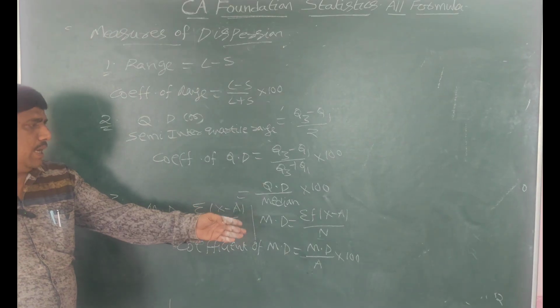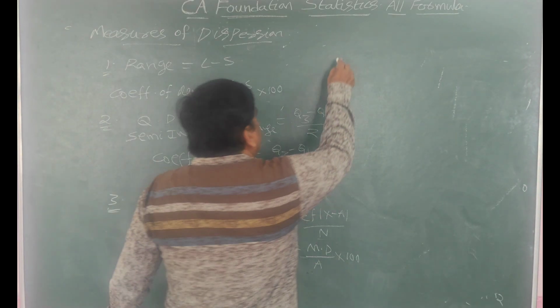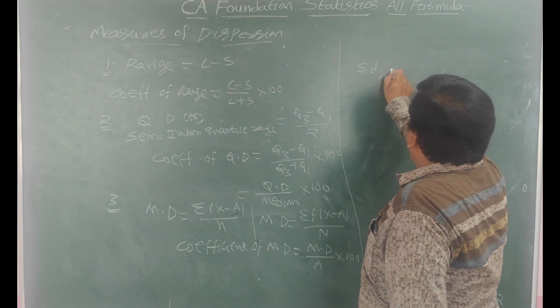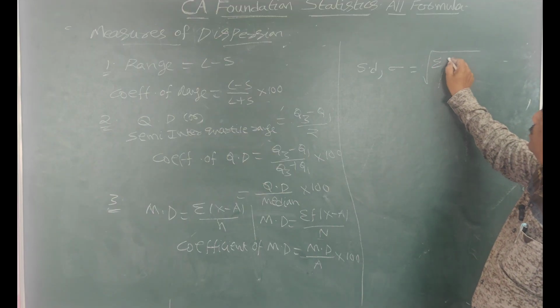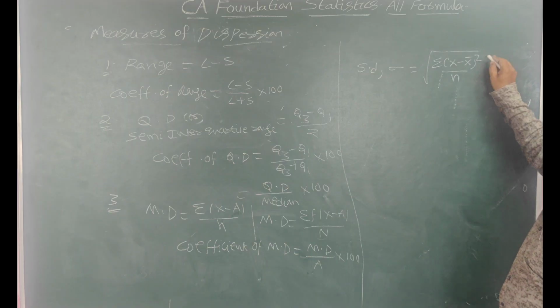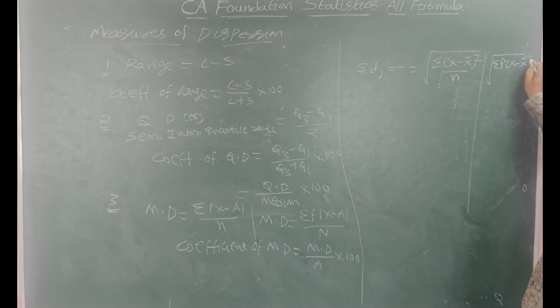And coming to the next measure, standard deviation, SD. The formula for an individual series is the square root of summation x minus x bar whole square by small n. If it is frequencies, the square root of summation f into x minus x bar whole square by capital N.